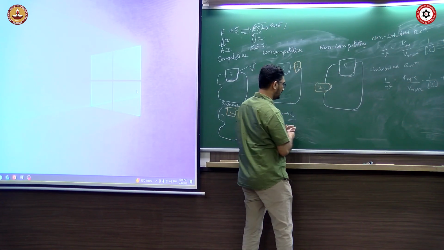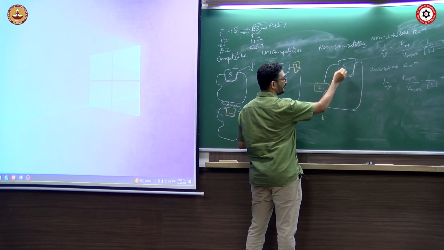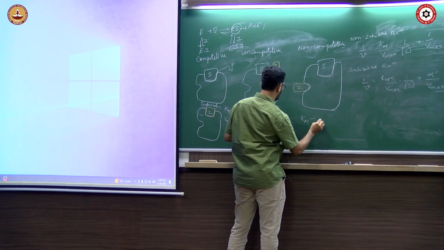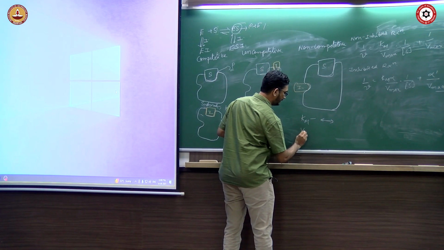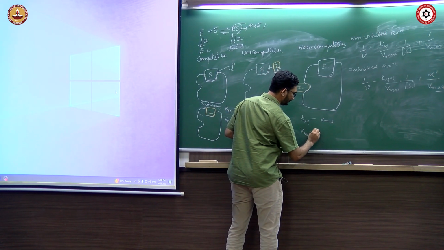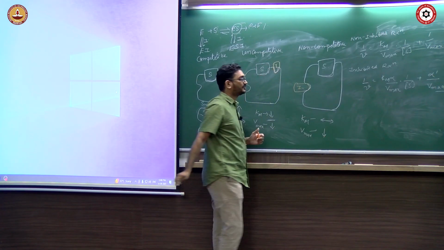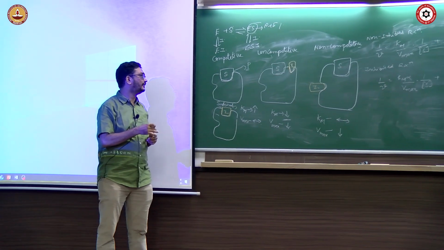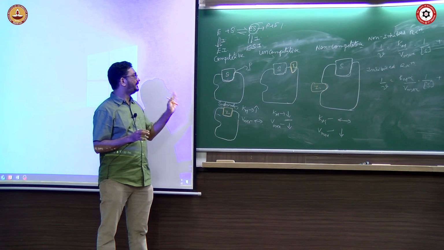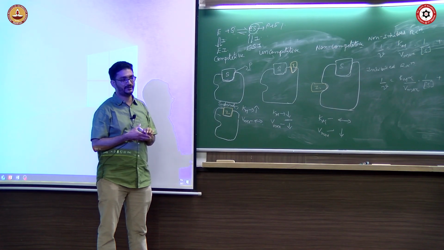So in this case, because it is not affecting this, your Km is not going to change, whereas your Vmax is going to decrease. So you have three different modes of inhibition: competitive, uncompetitive, non-competitive.